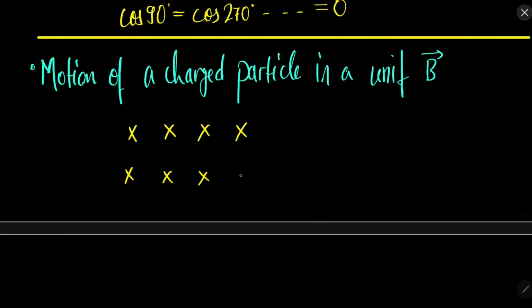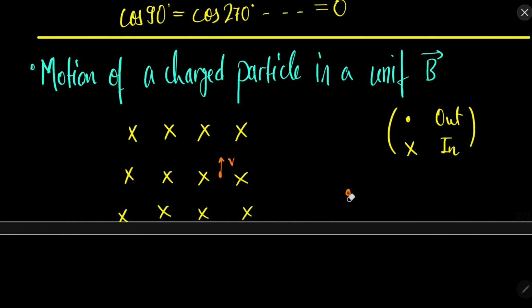Now remember the notation. This means out and this means in. So here the magnetic field is inside, and let's say the particle is moving like this with this velocity. They are perpendicular because the magnetic field is going inside and the velocity is like this, so the angle between them is 90 degree.